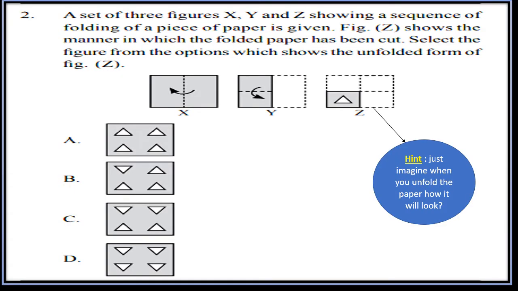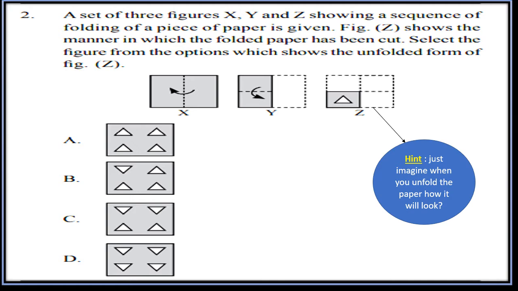A set of three figures X, Y and Z showing a sequence of folding of a piece of paper is given. Figure Z shows the manner in which the folded paper has been cut. Select the figure from the option which shows the unfolded form of figure Z. Now figures X and Y show how the paper has been folded and figure Z shows how the folded paper has been cut.